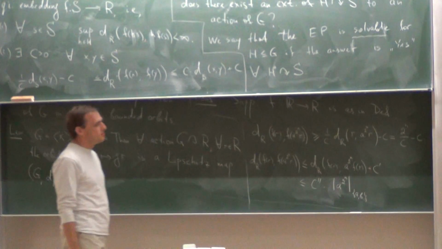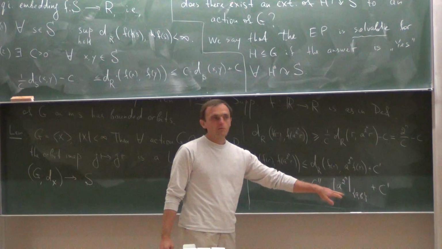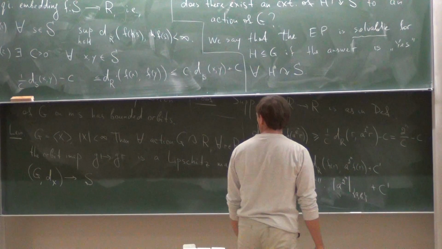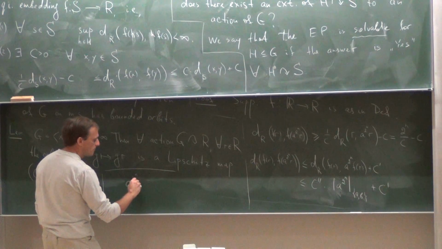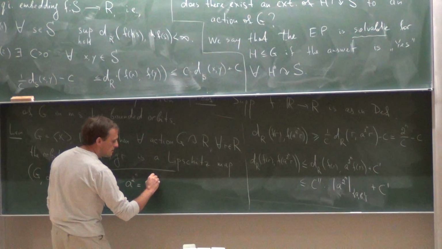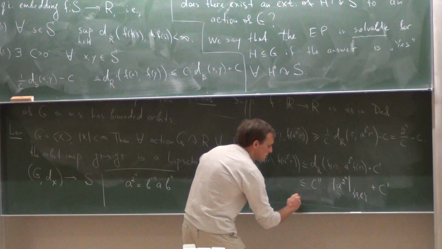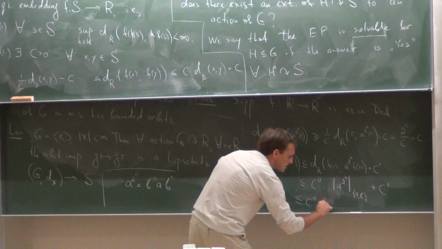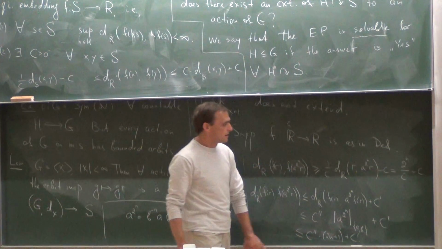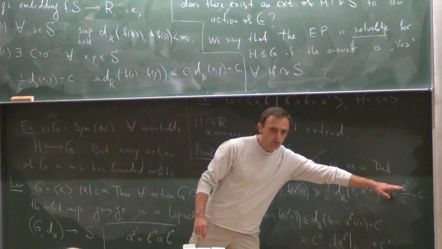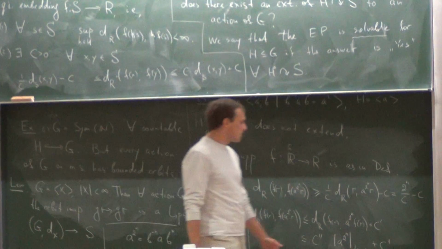Well, but what is the length of this element with respect to a and b? It's linear, because a to the 2 to the n equals b to the negative n, a, b to the n, so it's at most 2n plus 1. So this is at most c double prime times 2n plus 1 plus c prime. So we have a lower exponential bound and an upper linear bound, which contradict each other, provided n is big enough.